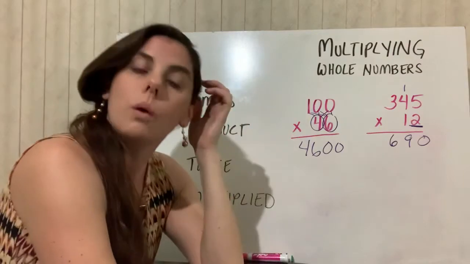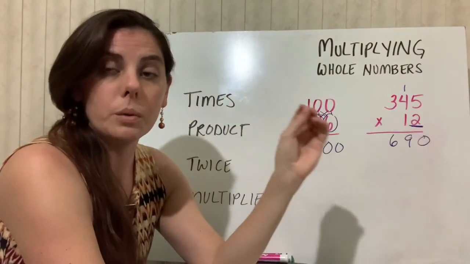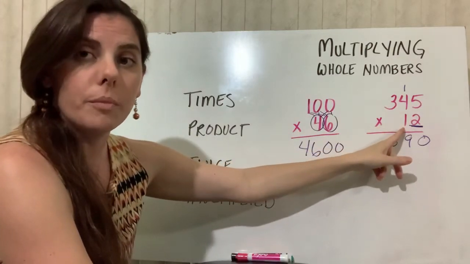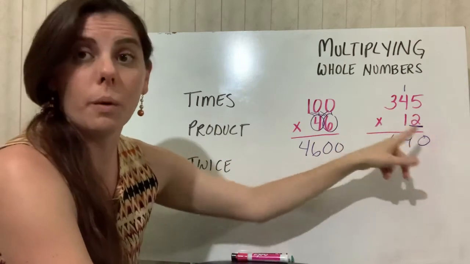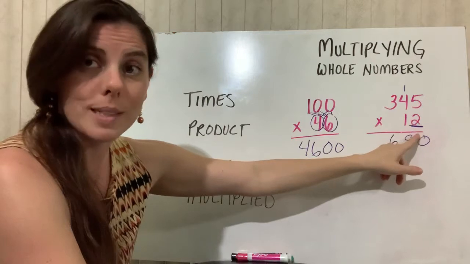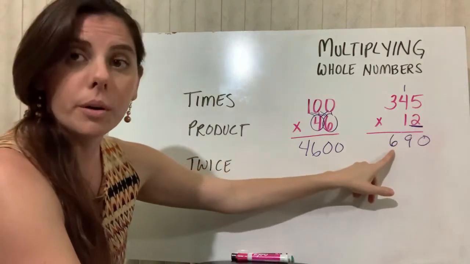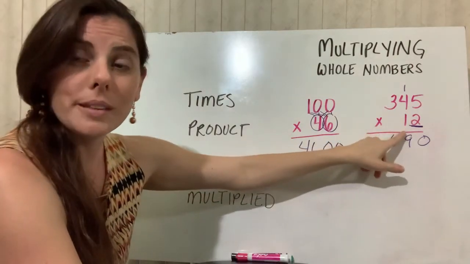So one thing that you want to keep in mind when you're multiplying multiple digits is that you need to keep the place value for each place value on the bottom, this bottom number. So right now we started with the ones place, so we went ahead and put our numbers starting with the ones place. But now this number is in the tens place.